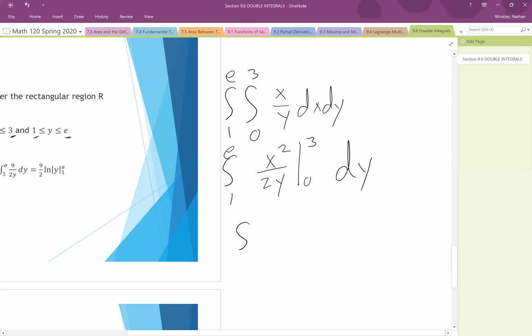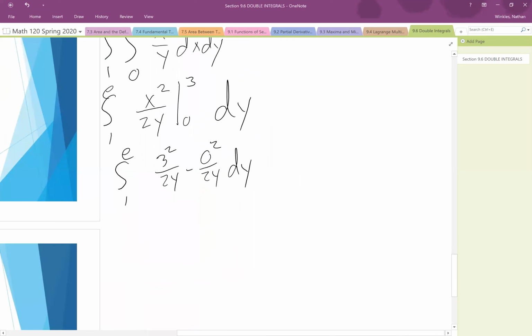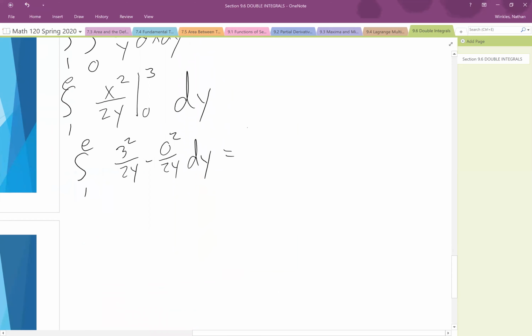So this is the integral from 1 to e of 3 squared over 2y minus 0 squared over 2y dy, which equals the integral from 1 to e of 9 over 2y dy.